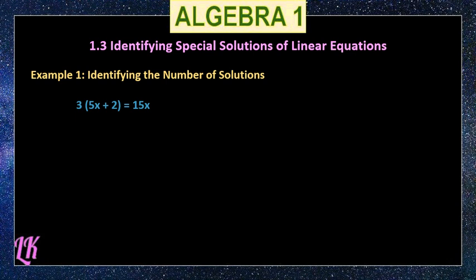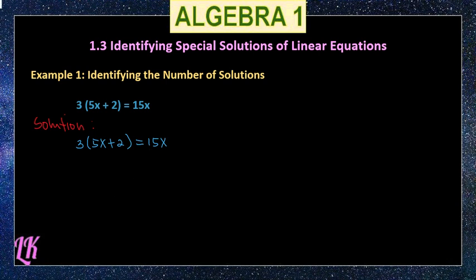In number 1, the equation is 3 times the quantity 5x plus 2 is equal to 15x.